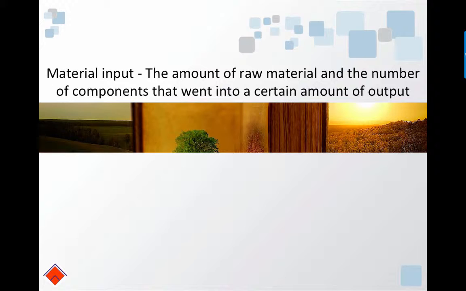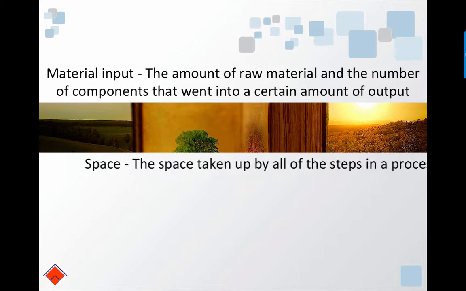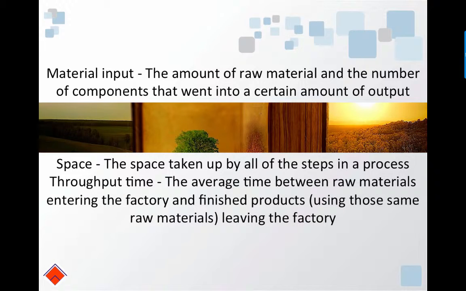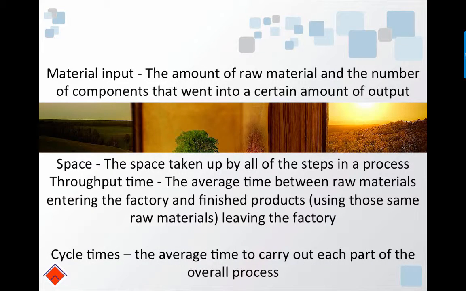Material input, the amount of raw material and the number of components that went into a certain amount of output. Space, the space taken up by all of the steps in a process. Throughput time, the average time between raw materials entering the factory and finished products using those same raw materials leaving the factory. Cycle times, the average time to carry out each part of the overall process.